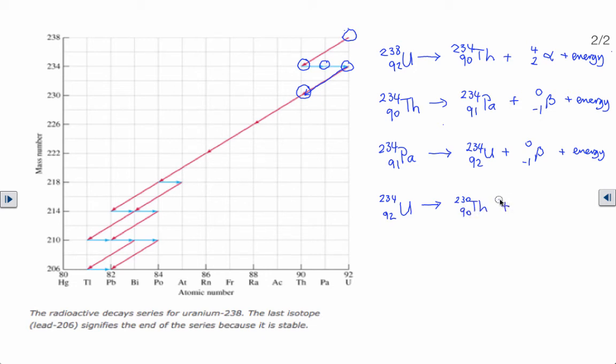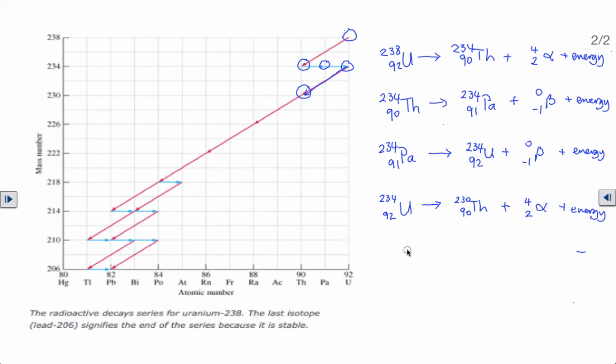So the particle that has to be emitted has to have a mass number of 4. There's 92 atomic number here, there has to be 92 atomic number total over here, so there must be 2 atomic number for the particle emitted, which makes it an alpha particle, plus some energy.